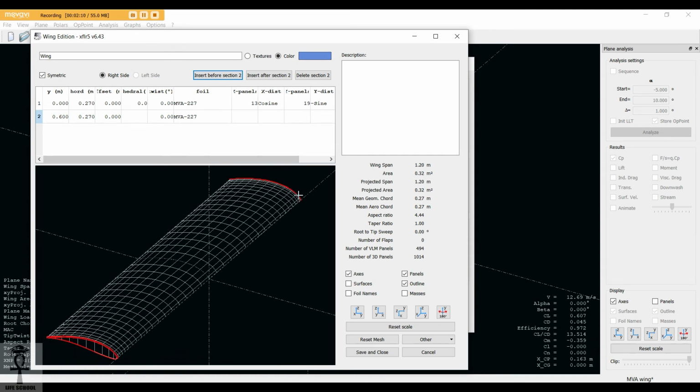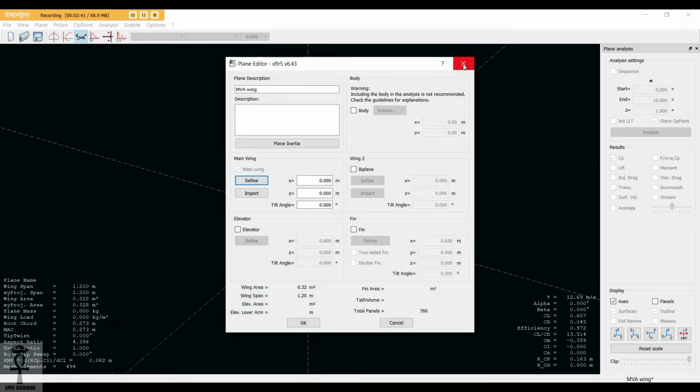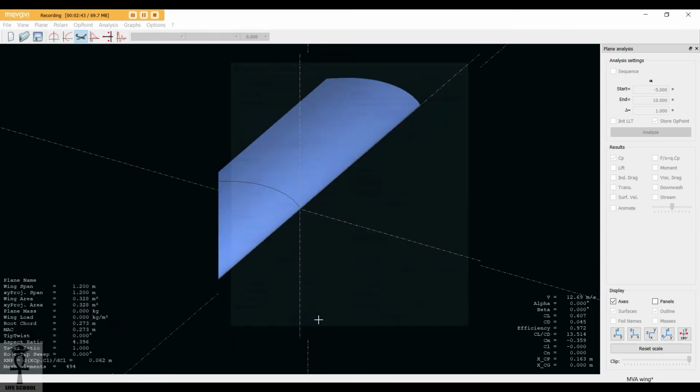So these panels are crowded near the end of the span, the leading edge and the trailing edge, as well as the tip of the aircraft, so that the analysis can be more critical at those points. So that's how we are going to mesh it, and we can increase the number of panels like this. So this is how we can increase the number of panels, and after that we can just save and close. We have completed the wing.